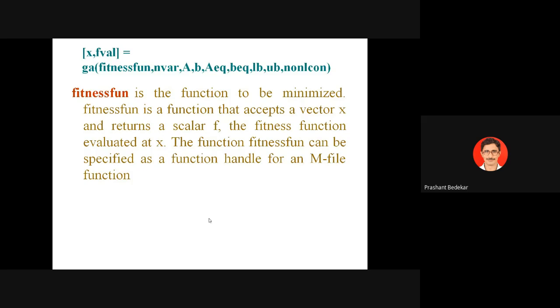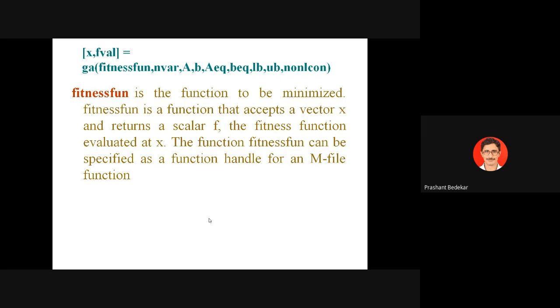Then there is a difference: NVARS. In place of X0, we have NVARS. What was X0 there? The initial choice. What is the drawback of conventional optimization techniques? One of the drawbacks, there are many, is that you have to give an initial point.